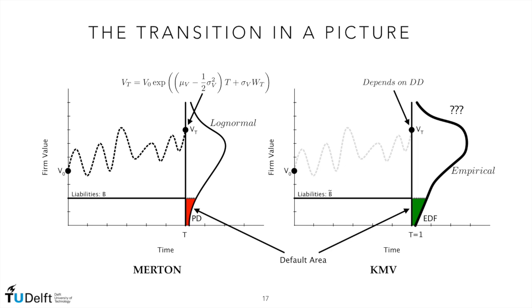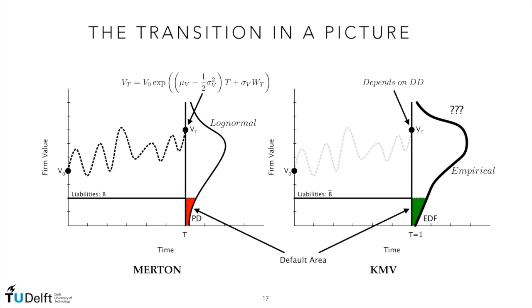Since I like to repeat stuff in order to make you understand, in front of you, you see another graphical representation of how we can move from Merton's model to Moody's KMV. As you see, we have the different ingredients.